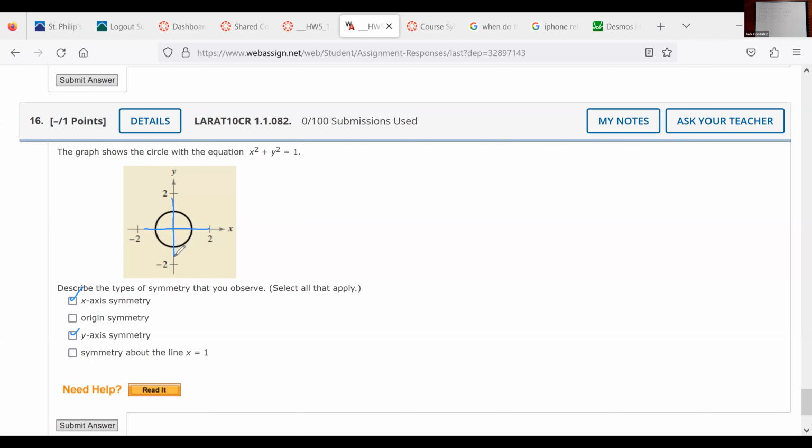Origin means you can fold it this way from here to here. So I'm like, yeah, should be good. Symmetry about the line y equals 1? Well, the line y equals 1 would be here. I would say no because it's not in the middle, unless I moved it, it would not.